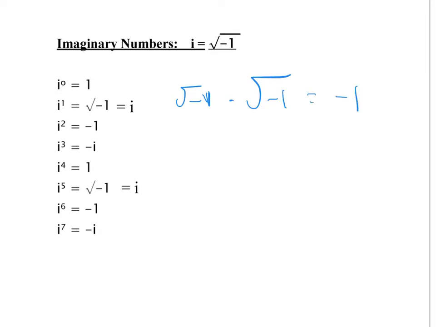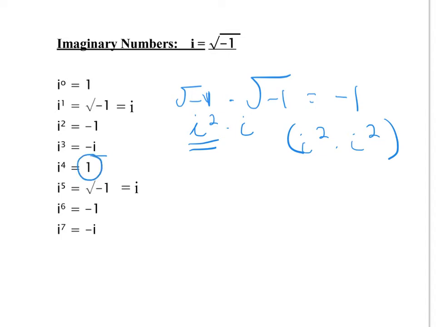So i squared is equal to negative 1. i to the third is going to be i squared times i. i squared is negative 1, so negative 1 times i is negative i. i to the fourth is i squared times i squared, which is negative 1 times negative 1, which, of course, is positive 1.